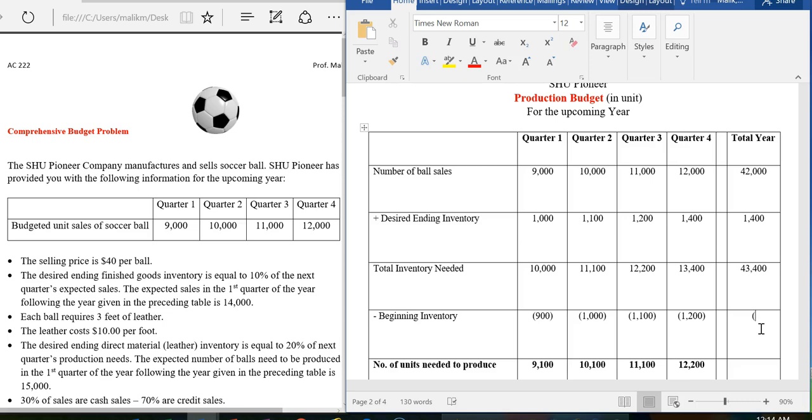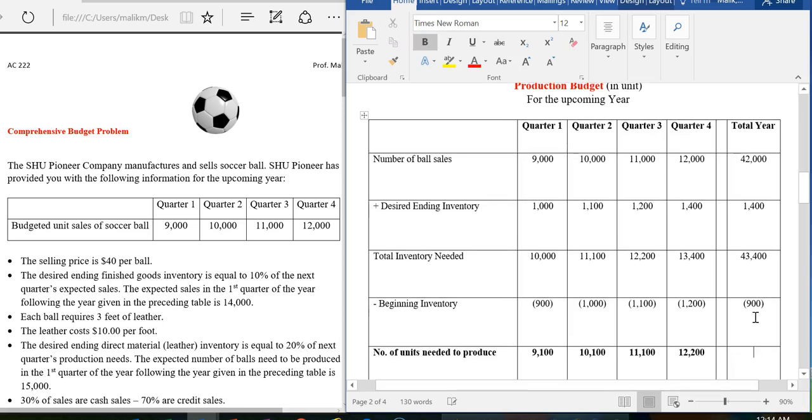Whatever inventory you had on that very first day will be the whole year's beginning inventory. And you see here their beginning inventory for quarter one is 900 units. So that will be your whole year's beginning inventory. So I'm subtracting 900. If I subtract this 900 from 43,400, I get 42,500 units. So that's their grand total.